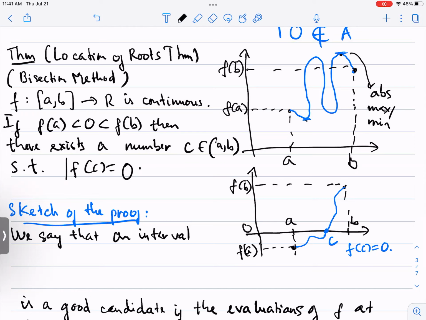Let f be a function from the interval a to b to the set of real numbers and assume that the function is continuous. If f of a is smaller than 0, smaller than f of b, then there exists a number c inside this interval from a to b such that f of c is equal to 0.